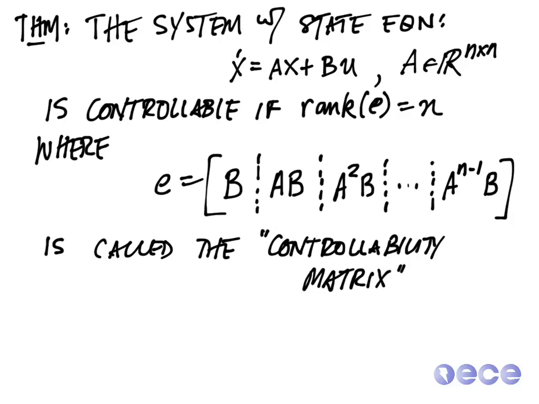So in this video we're going to show the proof that constructs E and that E's rank gives you controllability of the system. The method of proof is the following.